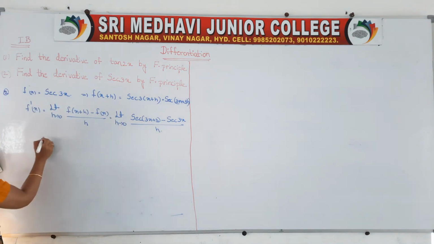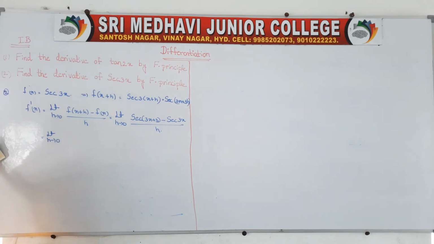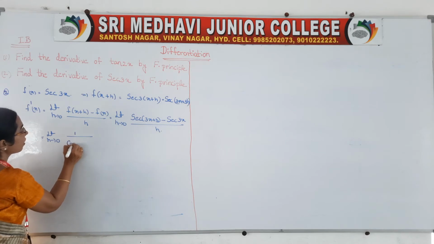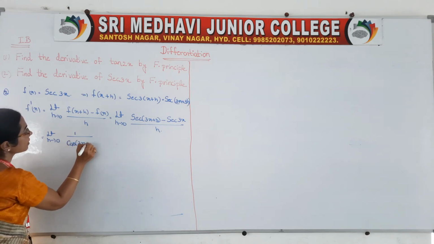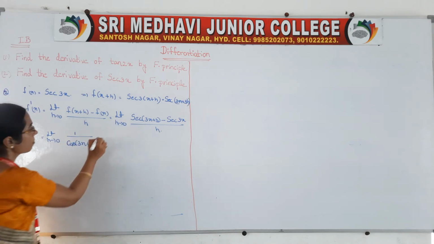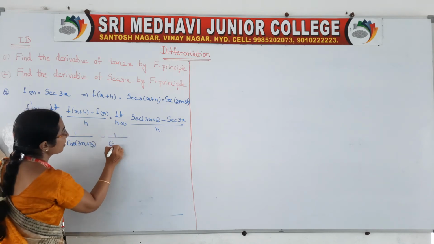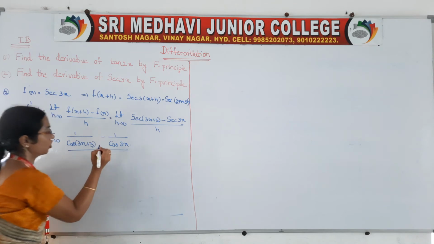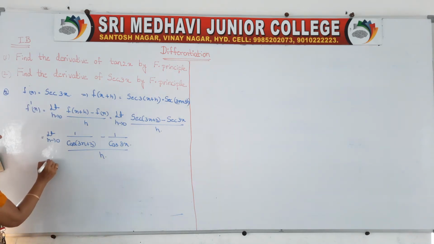Okay, so is equal to limit h tends to 0. Secant can be taken as 1 by cos. So 1 by cos of 3x plus 3h minus 1 by cos 3x, all by h. Take the LCM, limit h tends to 0.